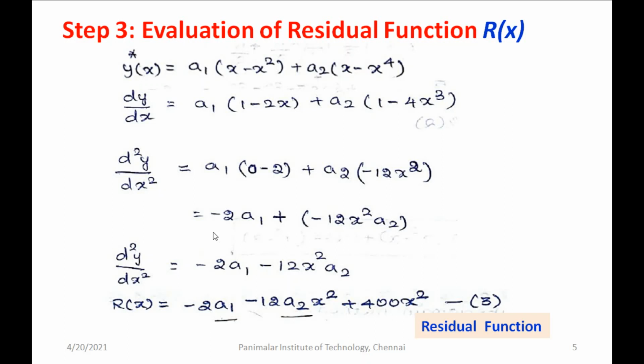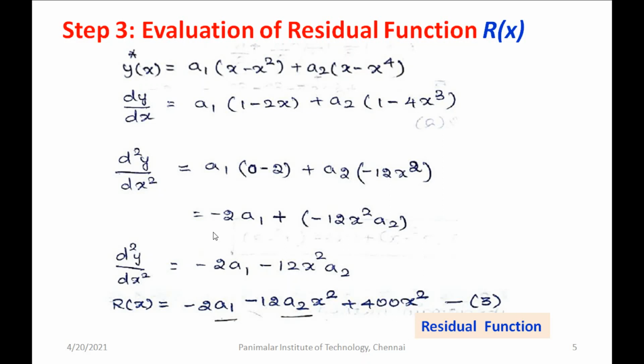This is the given function. Now if you want to apply this into the governing differential equation, first you have to differentiate it 2 times. Differentiating one time, dy by dx: a1 into x minus x square becomes 1 minus 2x, plus a2 into x minus x to the power 4 becomes 1 minus 4x cube.